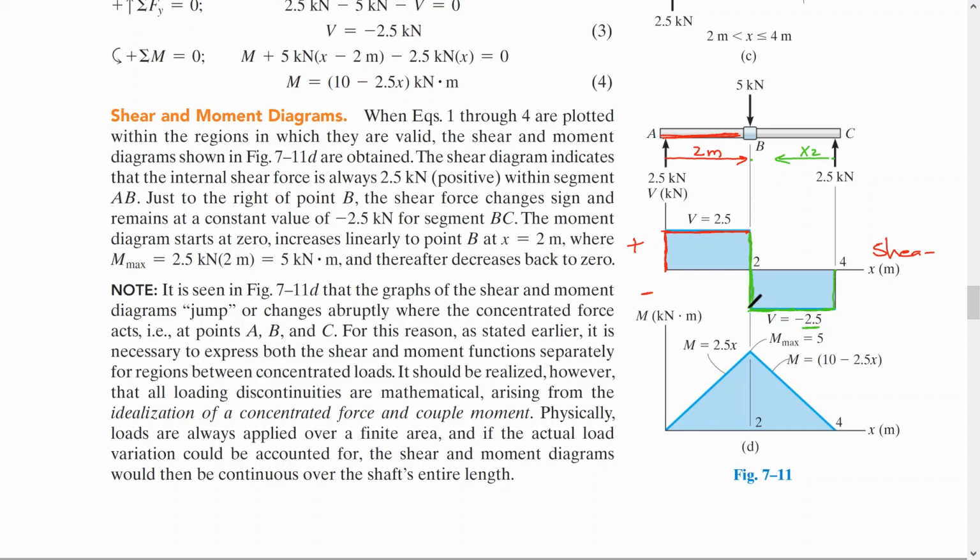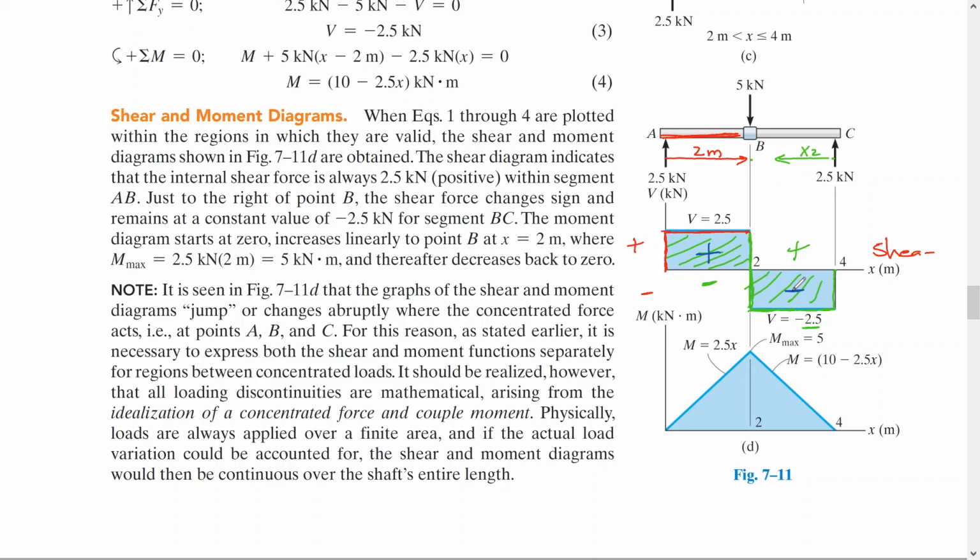I'll teach you different techniques for how to draw the shear and bending moment diagram in an easier way. This is the shear. This is positive, this is negative.